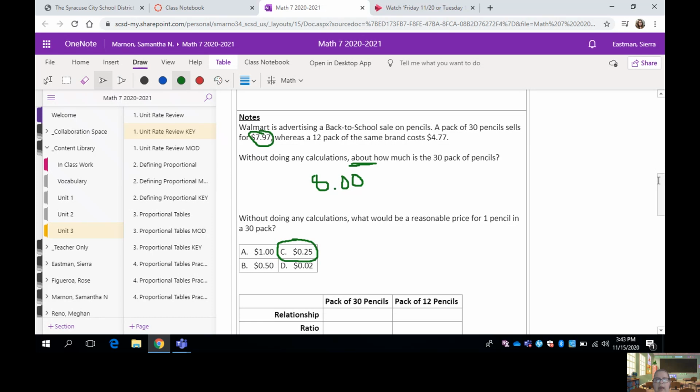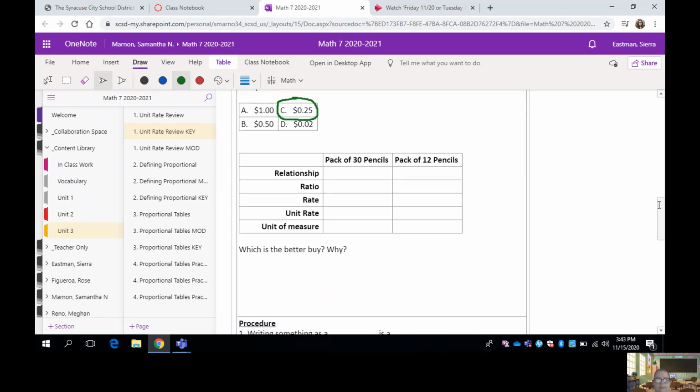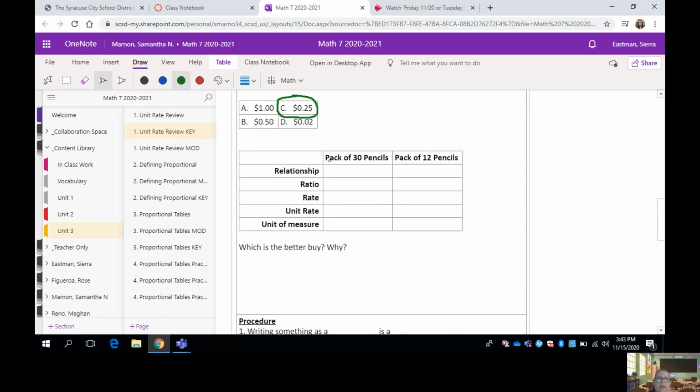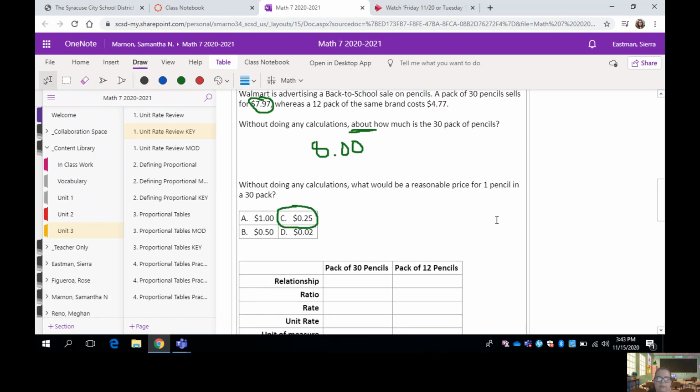Okay. And then we want to test some things out with our chart. So we have a pack of 30 pencils and a pack of 12 pencils. Let's look at the relationship first. So if I look at my question here, 30 pencils was $7.97 for every 30 pencils. That's the relationship. The cost to the amount of pencils.